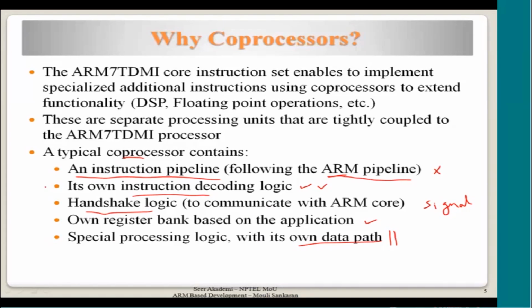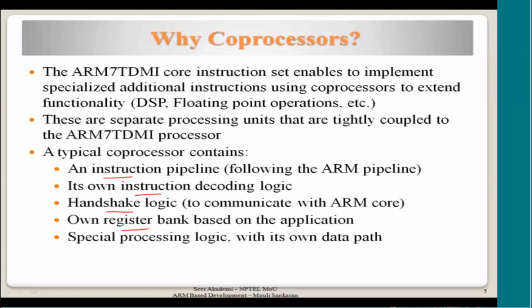So a coprocessor is an add-on. It sits outside the ARM core. In the SoC, ARM will be there, and then the coprocessor will be there, and I will tell you how they are connected to each other. We will see that the coprocessors have their own instruction pipeline and their own decoding logic, and they talk to the ARM core using some signals, and ARM also looks at those signals.